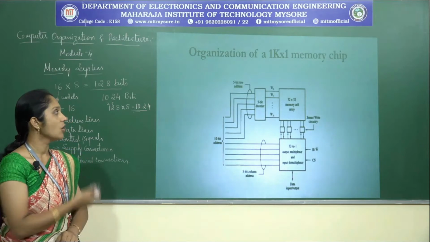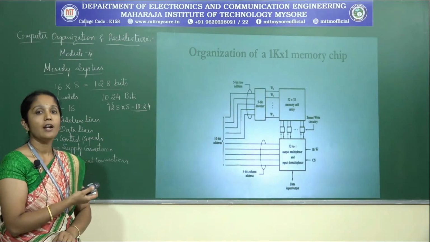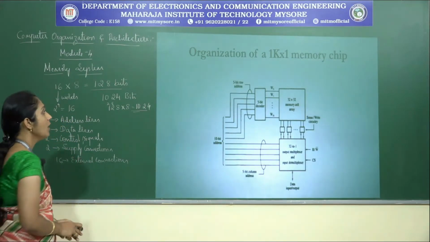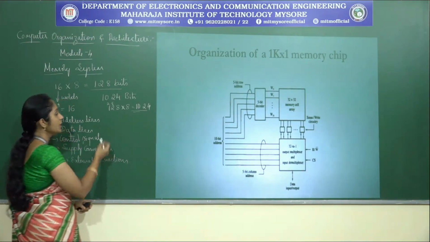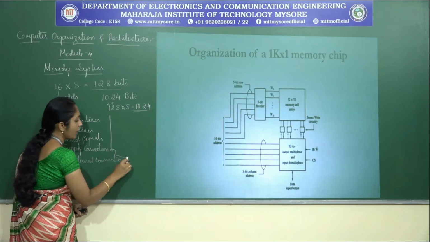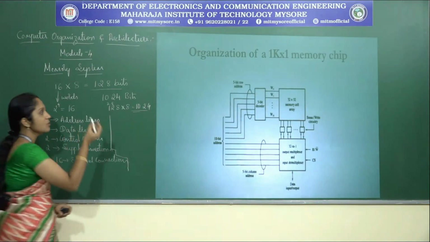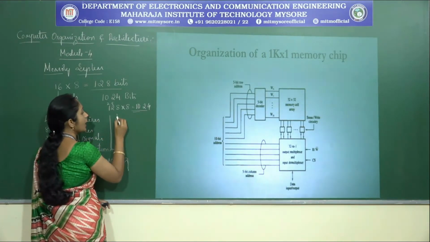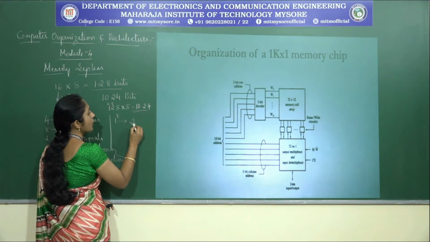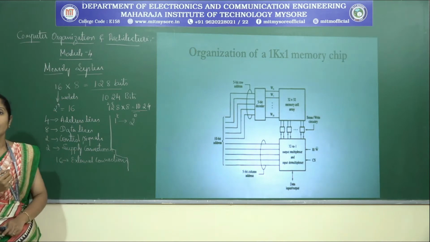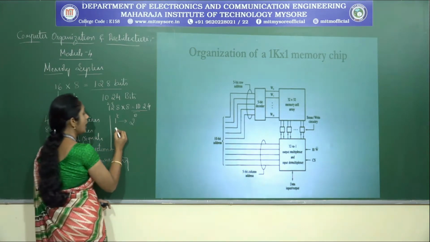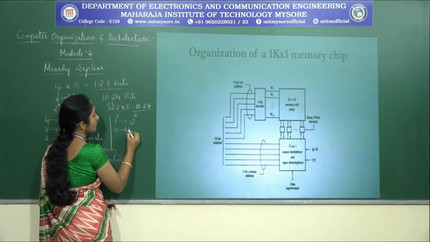In that case, how will the connections be? What is the total number of address lines required? Since we have 1K words, we require 2 to the power 10, therefore 10 address lines are required.